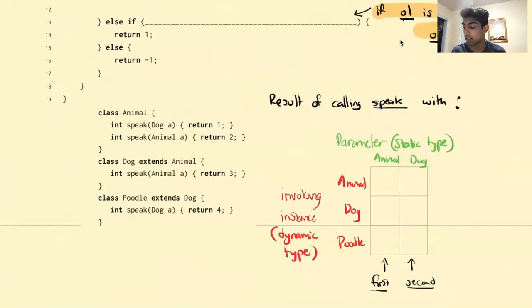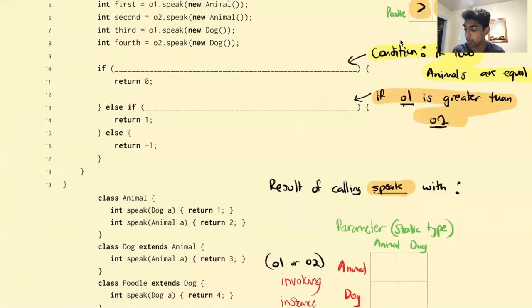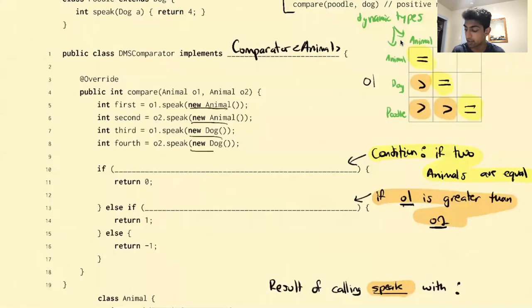Let's try to figure out the result of calling speak with an invoking instance. What does it mean to be an invoking instance? In this case, it's either going to be, my apologies, O1 or O2. It's the instance that invokes the speak method. And we're considering parameters of animal and dog, because those are the parameters passed in to the speak method.